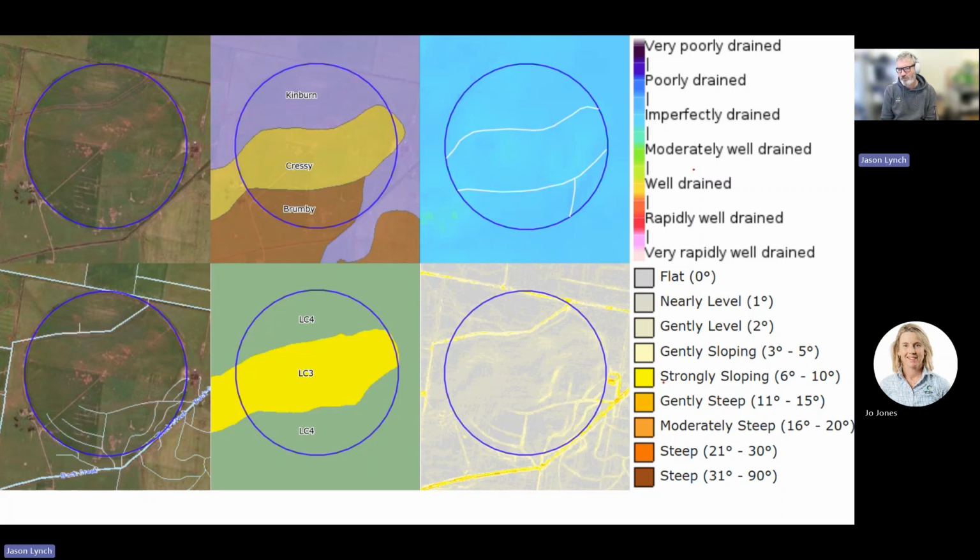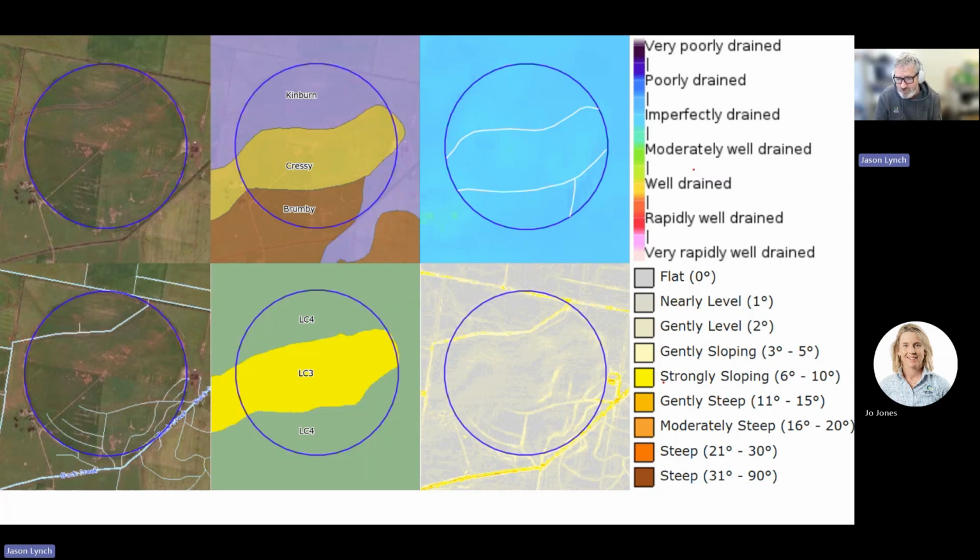And on the bottom row, far right-hand side, this is a topography map showing slope, quite detailed, taken off the LIST. It's picking up the drainage lines, it's picking up the natural waterways, and it's showing that being strongly sloped. So that's effectively the little drainage banks that are leading into it.